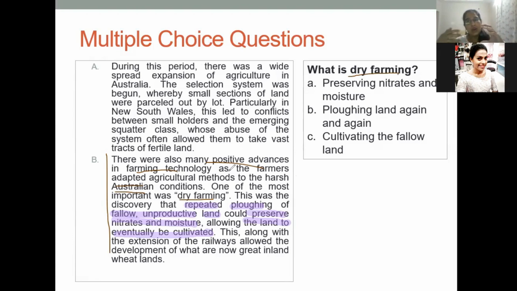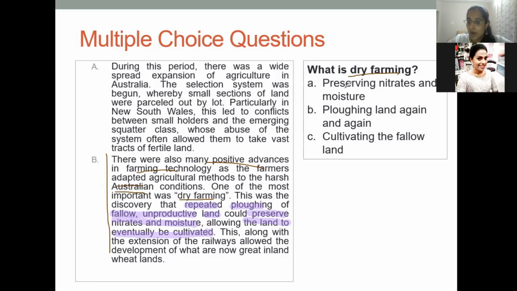What does it do when I repeatedly plow an unproductive land? It preserves the nitrates and moisture, and then it gets cultivated, or can be used for agriculture. Let's look at the options. Option A, preserving nitrates and moisture. Second is plowing land again and again. Third is cultivating the fallow land.